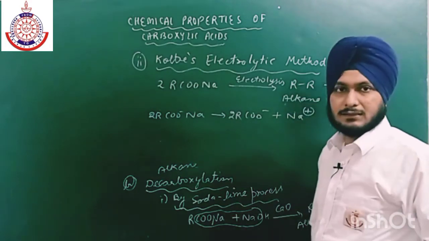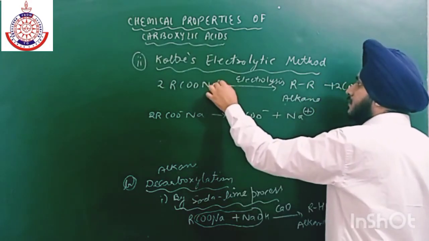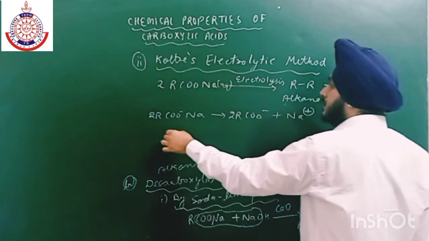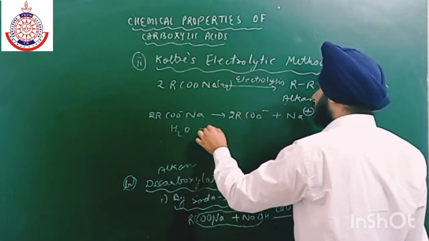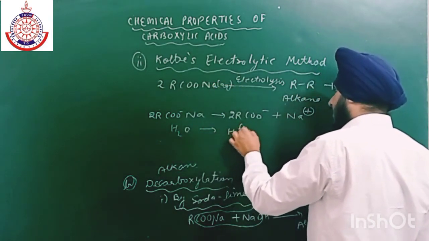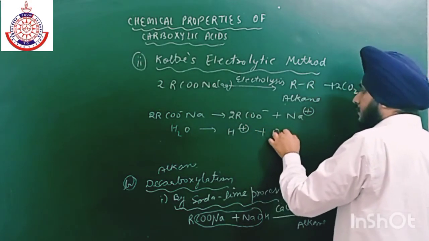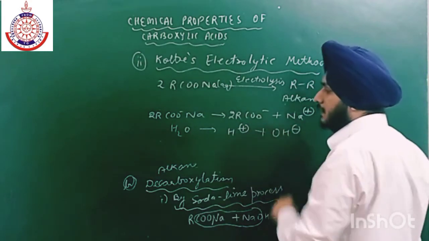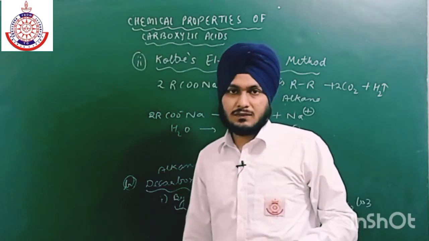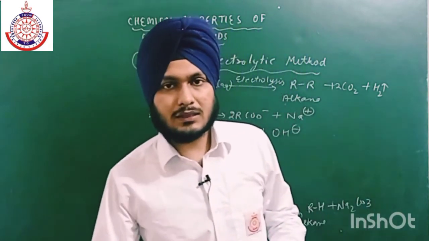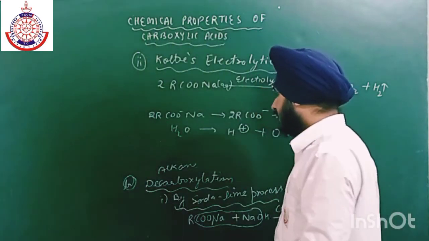We are taking an aqueous solution, so there must be water present. Water can also break as H positive and OH negative. So we have two negative ions and two positive ions. We all know that at the anode oxidation takes place.